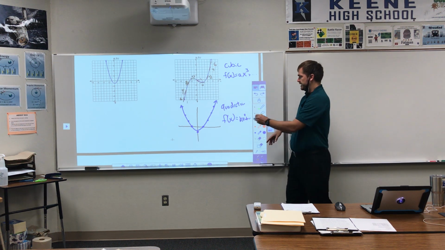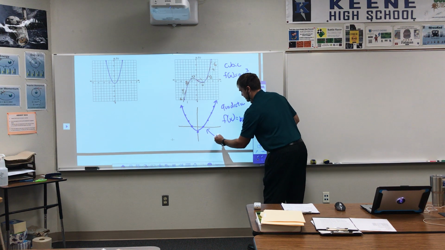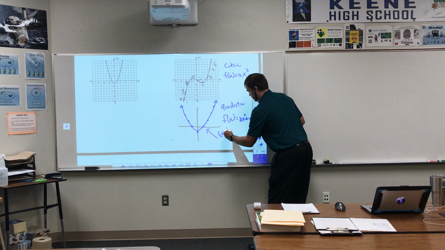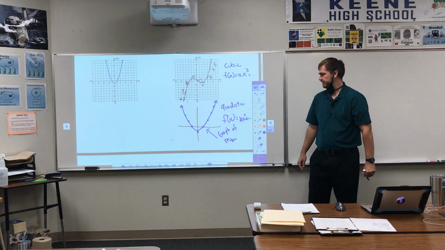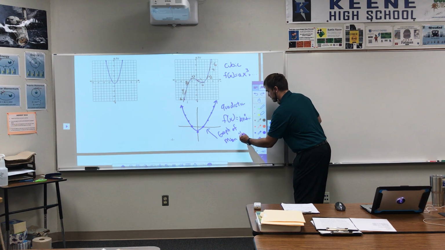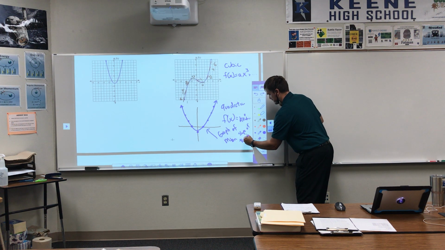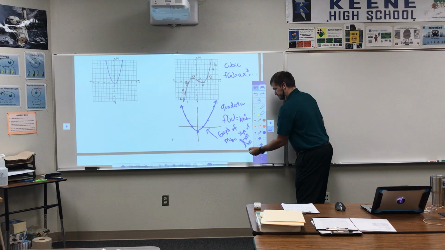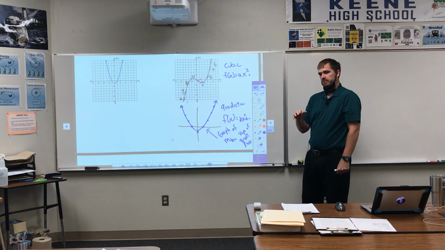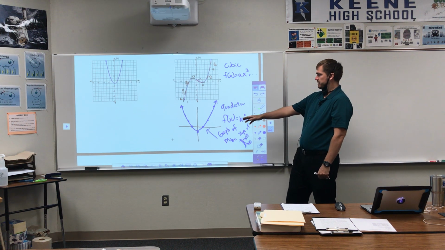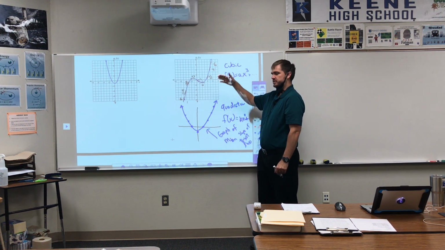What's interesting is that this, and we'll go ahead and label it, is a graph of the tangent lines. Actually, it's a graph of the slope of the tangent lines, m tangent. And what was interesting is that that graph itself is also a function.